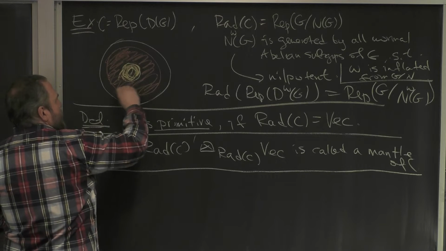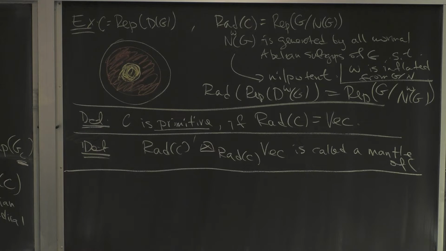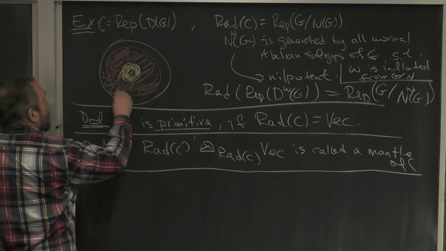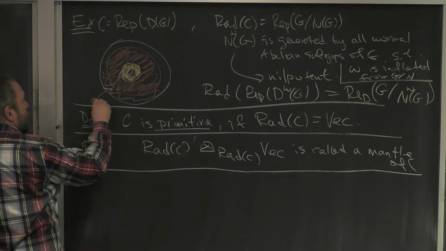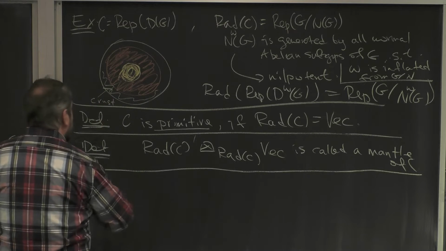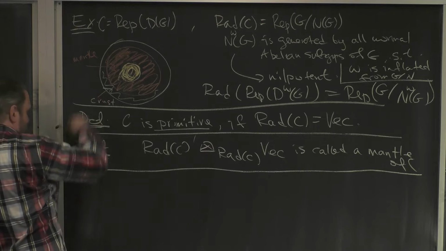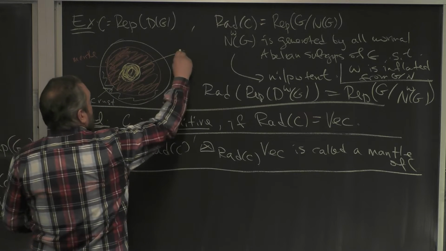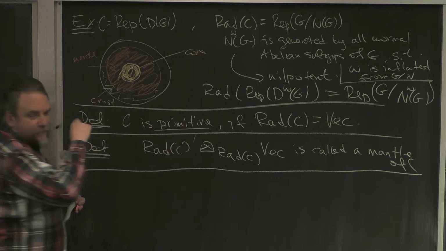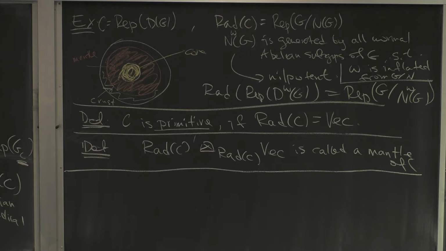And then the rest is called the crust. Crust, mantle, and core. So the idea is that the mantle is larger than the core, but still very hot.